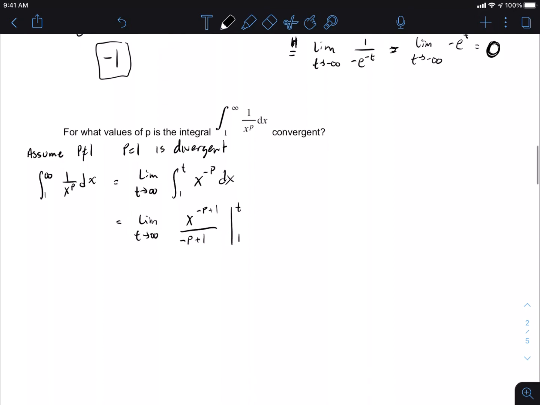And that can be rewritten to be 1 over negative p plus 1 of, I'll do it this way, 1 over x to the p minus 1, minus 1.